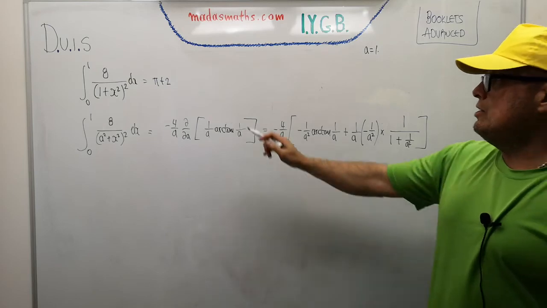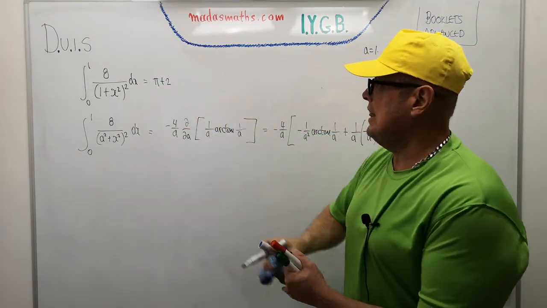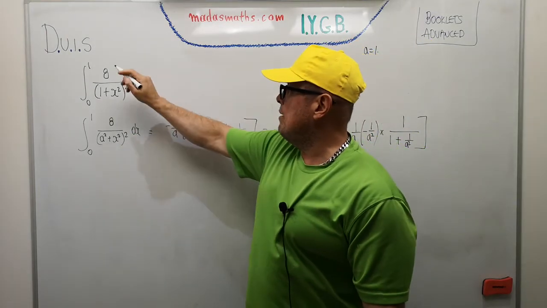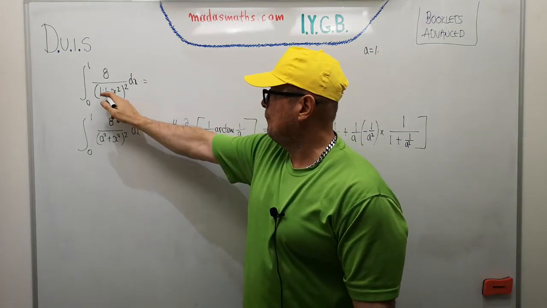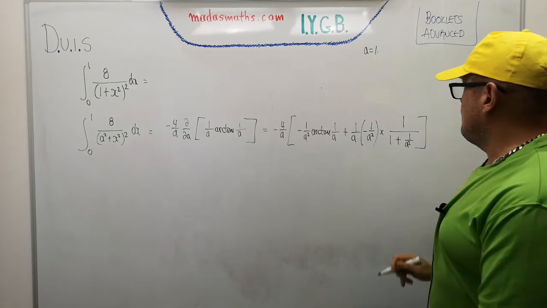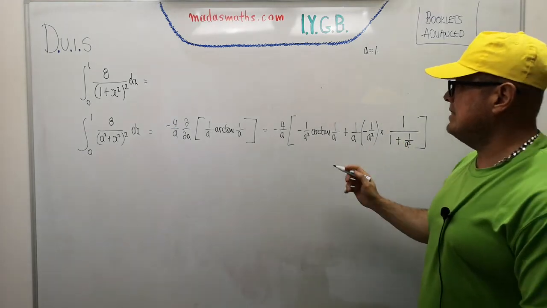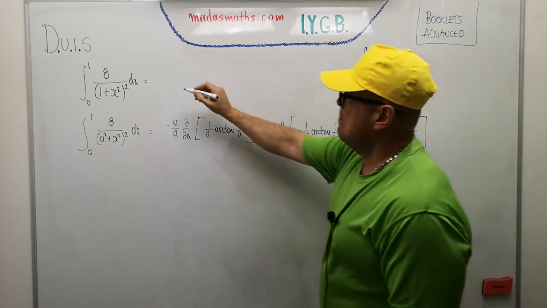My integral, the one I'm trying to find, which I think was pi plus 2, is exactly the same integral, but for a equals 1. So all I need to do is to replace a with 1 in this particular expression, and a equals 1 makes things very, very easy. So that's going to be minus 4.